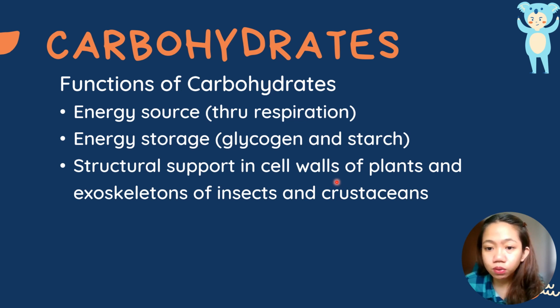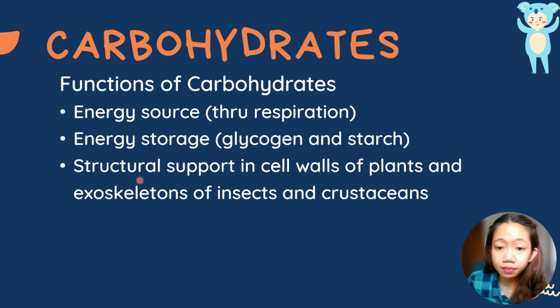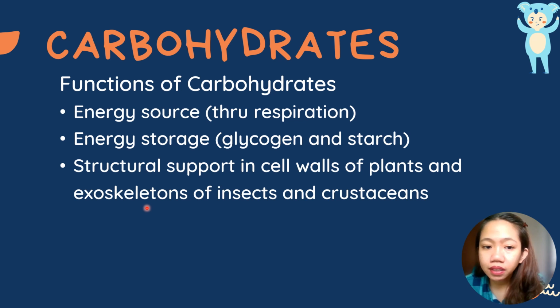So cellulose is made up of sugar, and it is the very material that makes up paper, wood, tissue, and so on, which also demonstrates how good they are as structural support. Now, they are also a component of the exoskeleton, the covering, sorry, exoskeleton is outside. So they are the covering of insects and crustaceans like crabs.